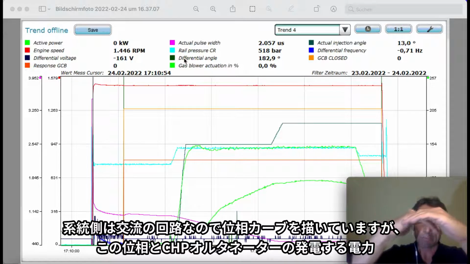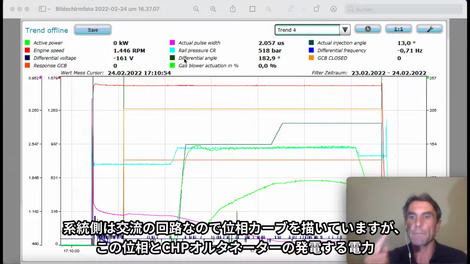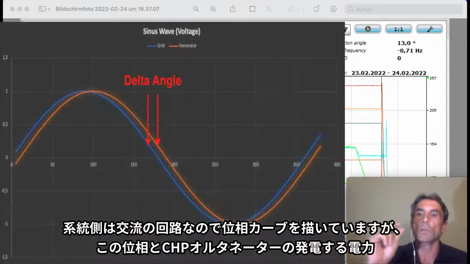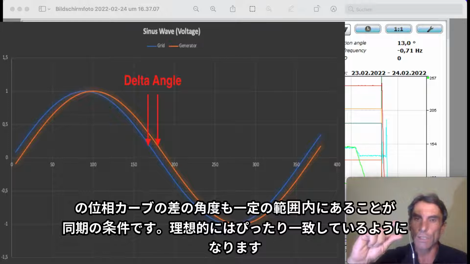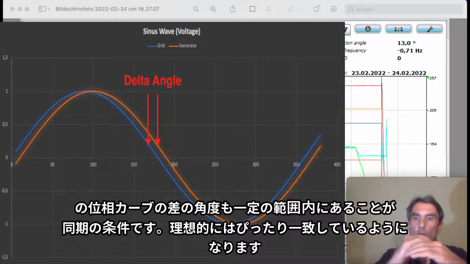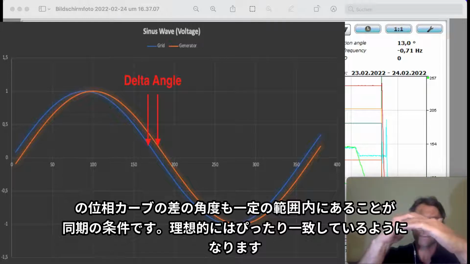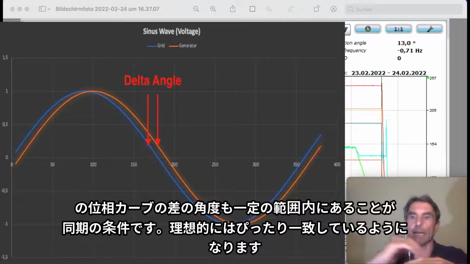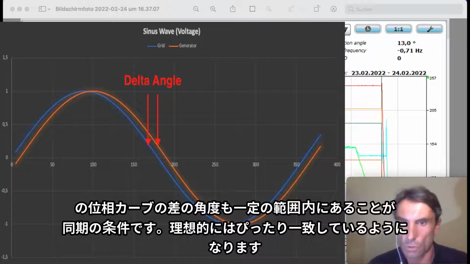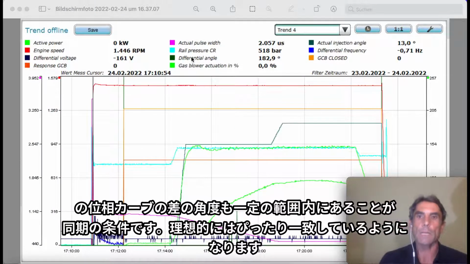So the alternator must be synchronized to the grid before it is allowed to connect. We must be in a range, I'll show you later, where the alternator gets controlled so that the lines lie almost over each other before you are allowed to connect.